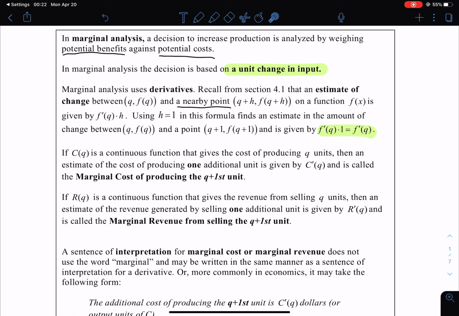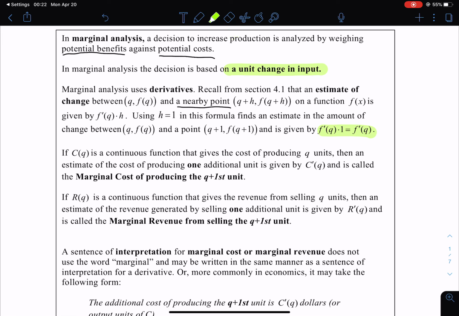So let's rewrite this sentence. An estimate of the amount of change between the first point Q, f of Q, this is the same point, and the second point, because H is 1, so the second point is Q plus 1, f of Q plus 1, the amount of change is f prime of Q. In the first part, the amount of change is f prime of Q multiplied by H. Then we plug in H is 1, so we have this one.